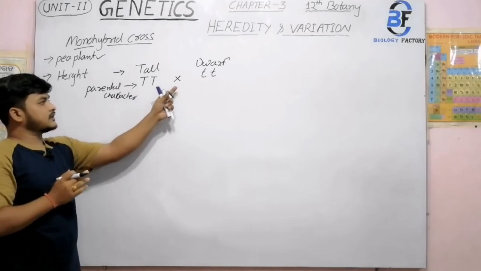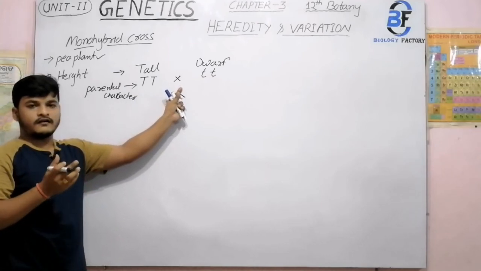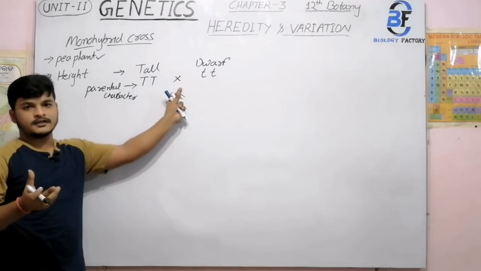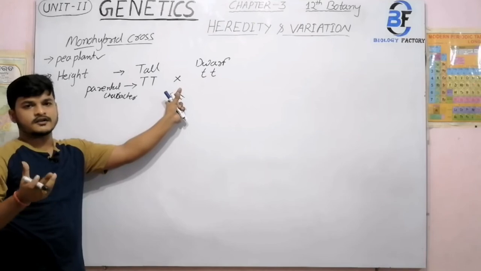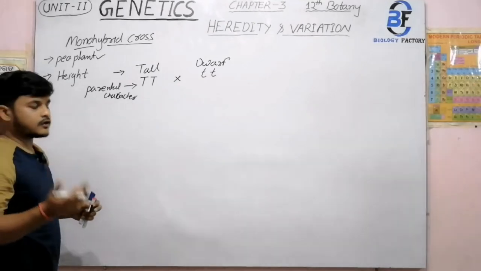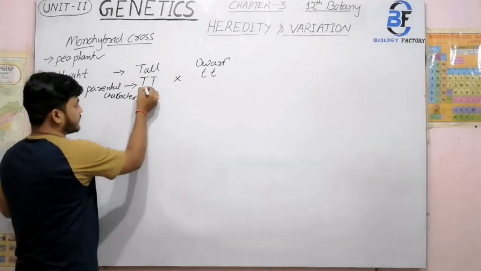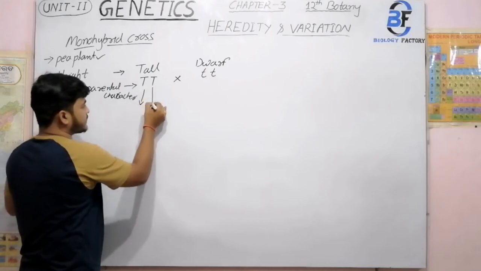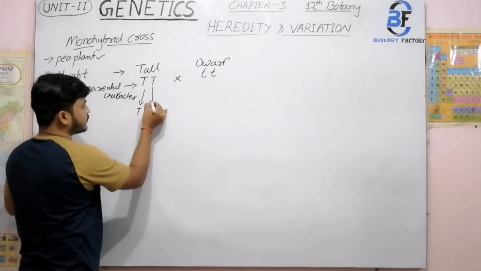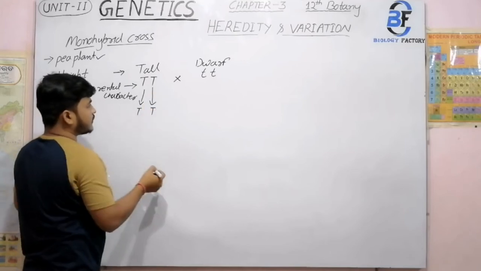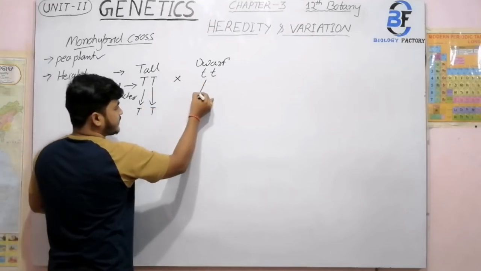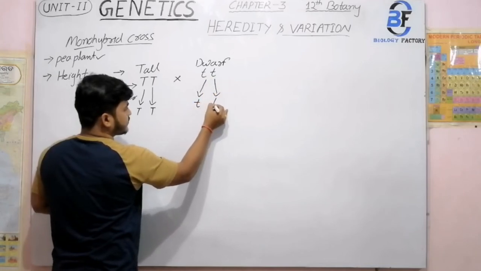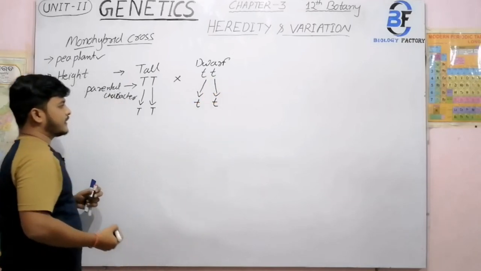We all know that whenever we talk about reproduction, there must be gametes, that means the fusion of gametes takes place. So we write the gametes first: capital T and capital T, and in the same way the gametes are small t and small t.